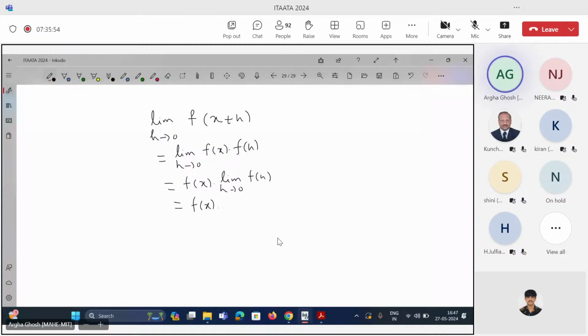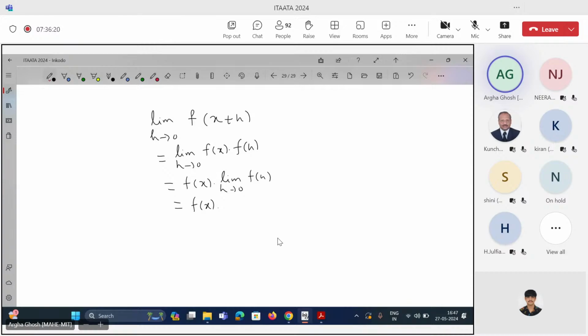So what we learned is that if it's continuous at the point 0, then obviously it will be continuous everywhere. Either it's a zero function, which is obviously continuous everywhere, or if it is a non-zero function, it is still continuous everywhere. Now, can you find an example where f is continuous at one point but not continuous everywhere?